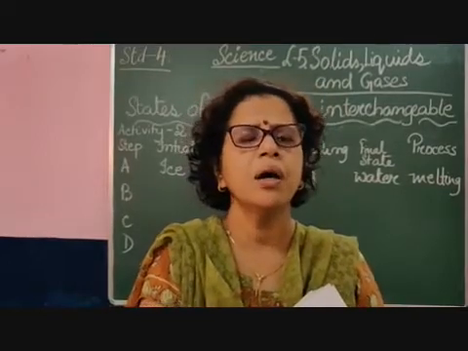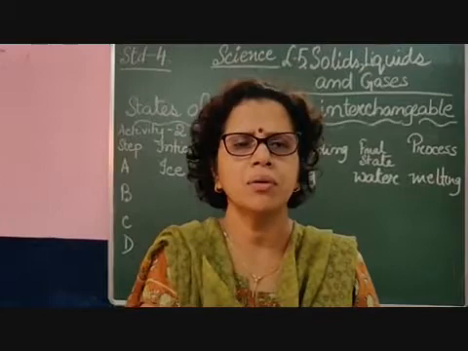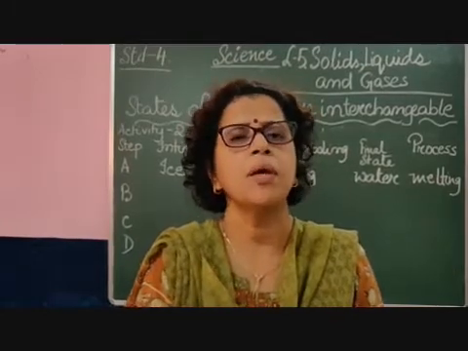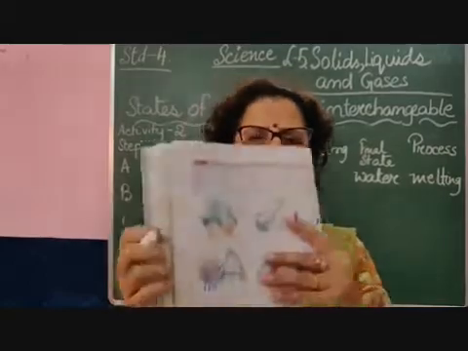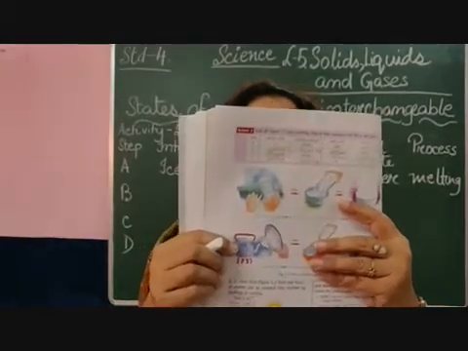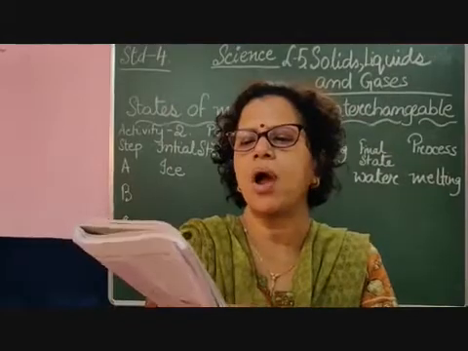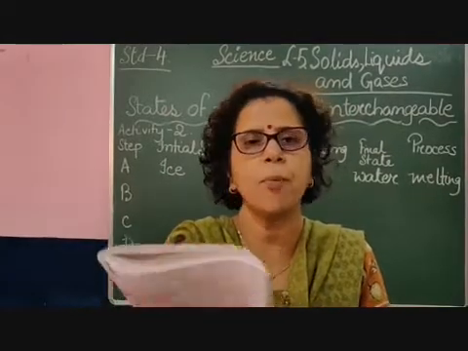Now children, with the help of the two experiments, or activities, which we have done, we will fill up a table. That is activity number 2 in your science textbook, where you have to look at figure 5.3.